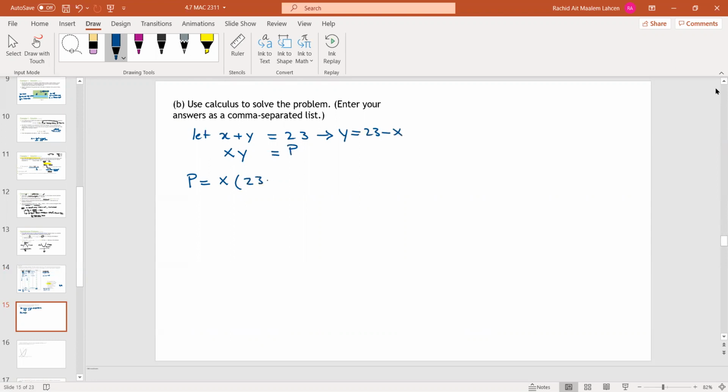So we can use it here, and we can get now this 23x minus x squared, just like the area for that example. So we can do a first derivative to find that 23 minus 2x, and set it to 0 will give us x to be 23 divided by 2.